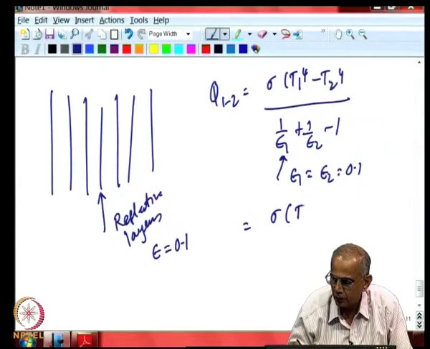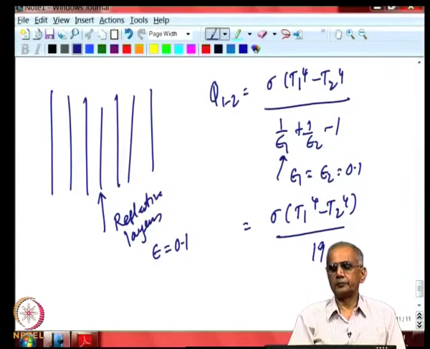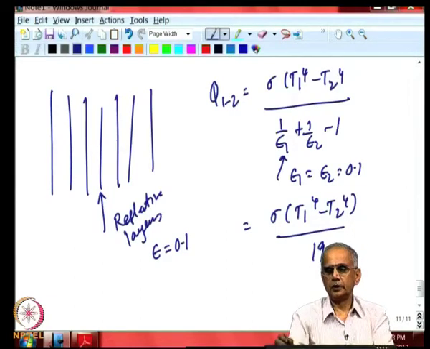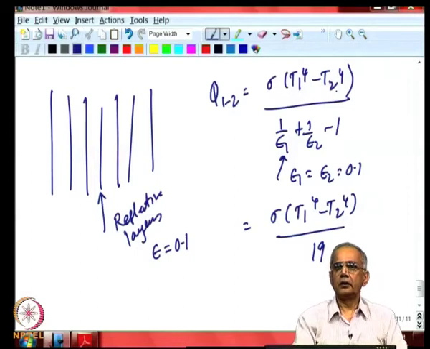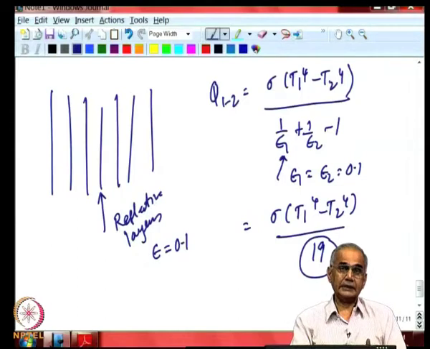So, you will reduce heat transfer to almost 1/20th of what you would have if it was only black surfaces. If it was only black surfaces, you will get the expression in the numerator. By having reflective gray diffuse surfaces with emissivities of the order of 0.1, you are able to reduce the heat transfer by a factor of 19 times.